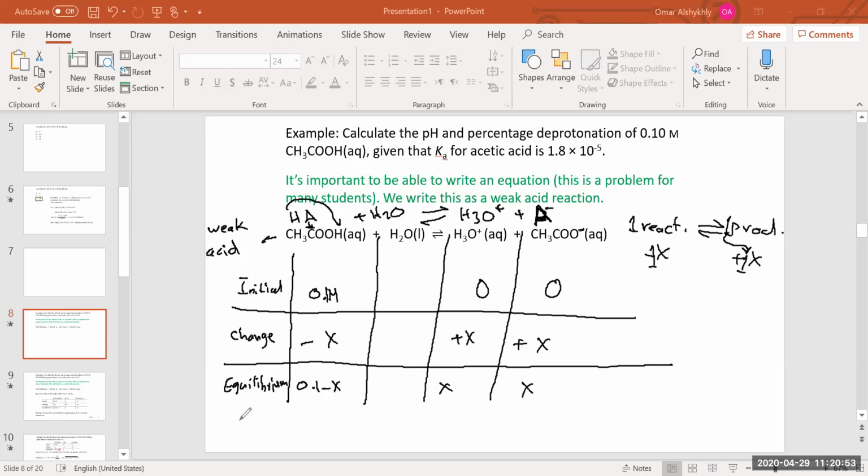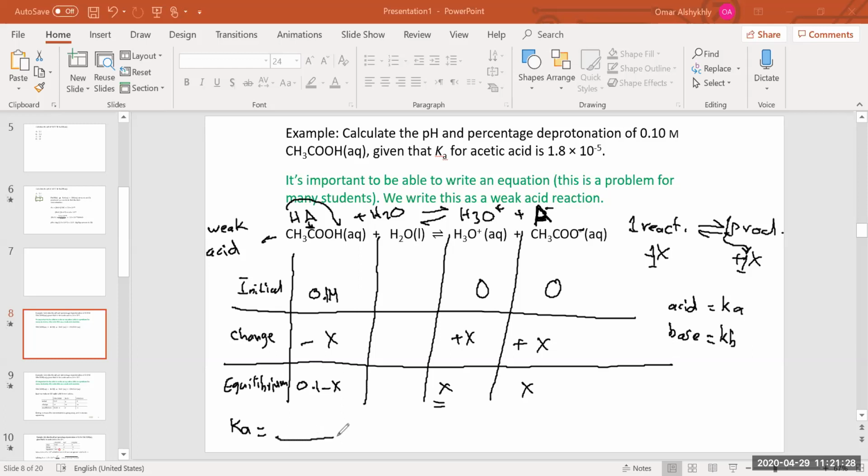Now, for the equilibrium constant, we need to find x to be able to calculate the pH. The x value represents the concentration of H+, so we will be able to calculate the pH of the solution. For an acid, we call the equilibrium constant Ka. For a base, Kb, the same way, but we are dealing with OH, not acid.